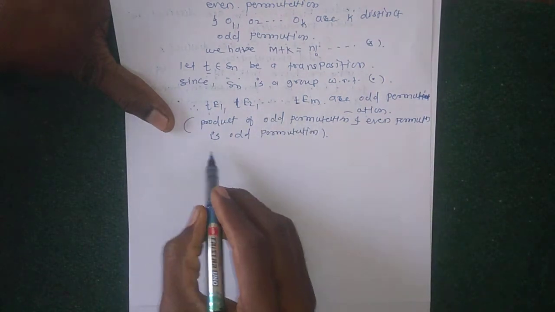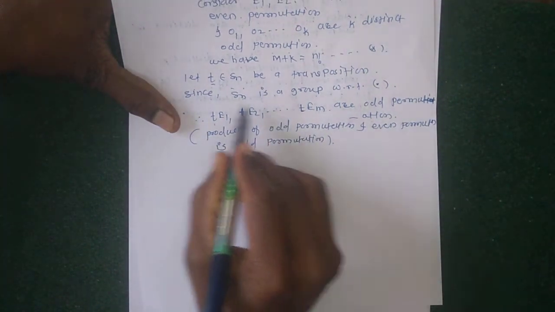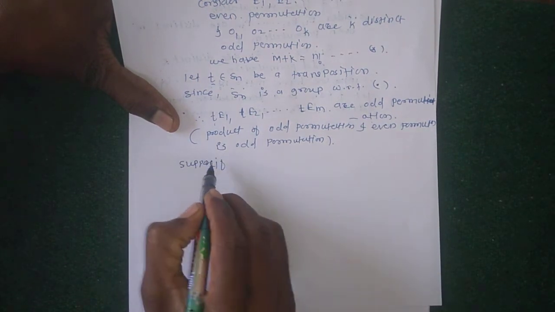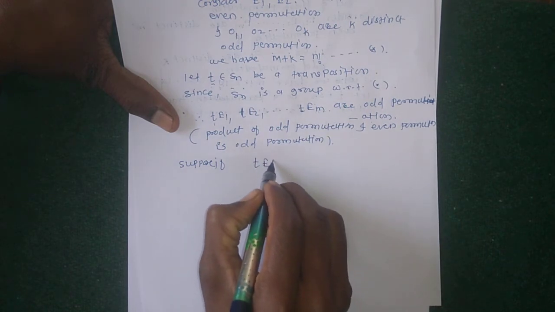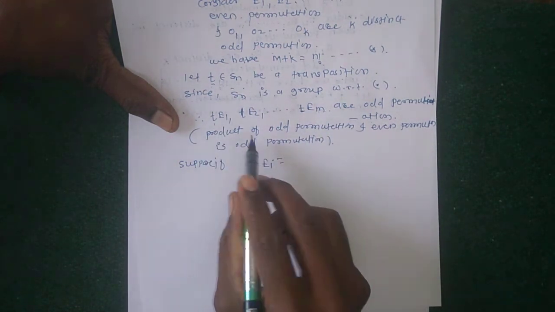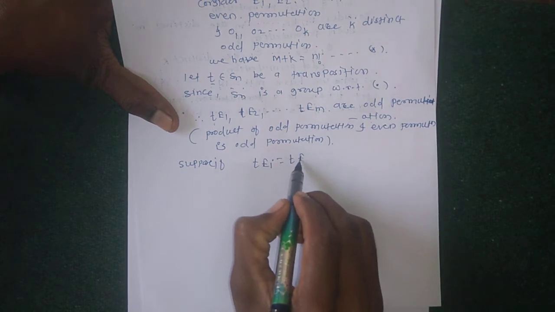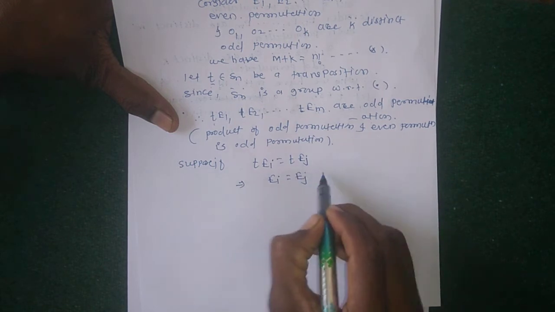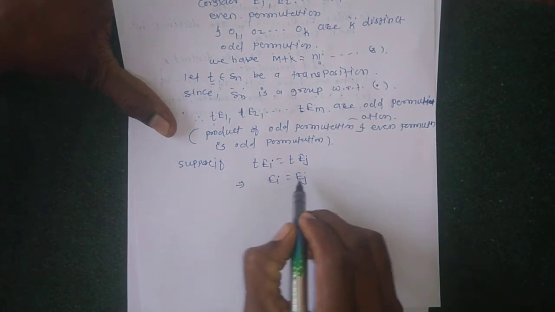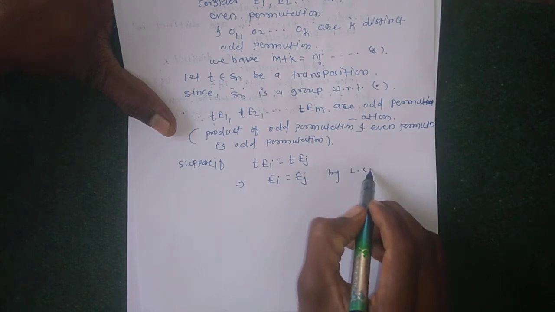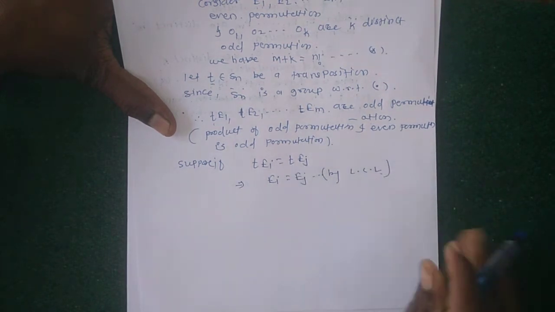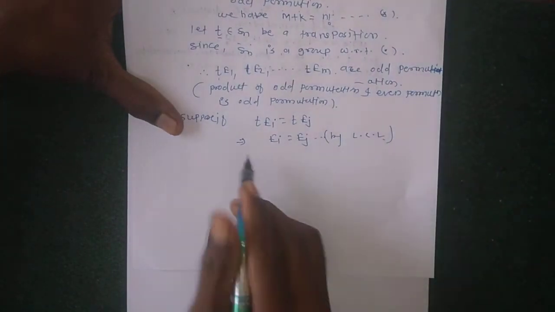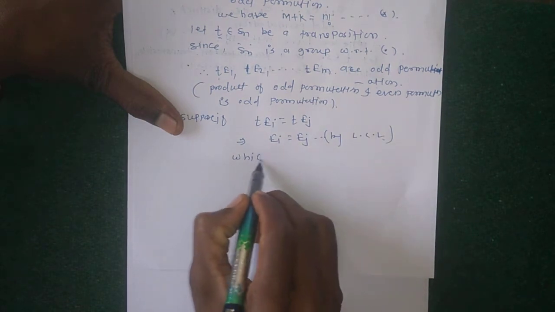Suppose that these are not distinct, that t ei equals t ej. Then this implies that ei equals ej, which is not possible by the left cancellation law. Since this is a group, the left cancellation law holds and t gets cancelled. Therefore ei equals ej, which is not possible. Why?